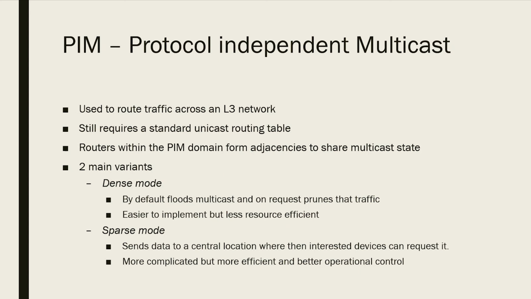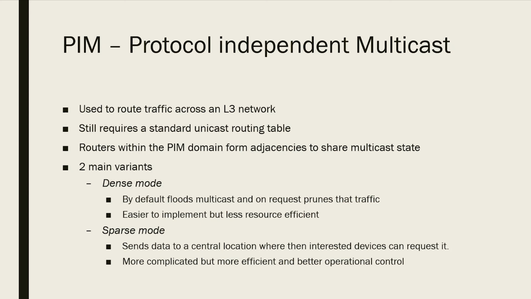The first one is dense mode, and as the name potentially suggests, it's going to be very dense. What it does is flood multicast, and that's why it's called dense. It's a dense concentration of the multicast across the network.